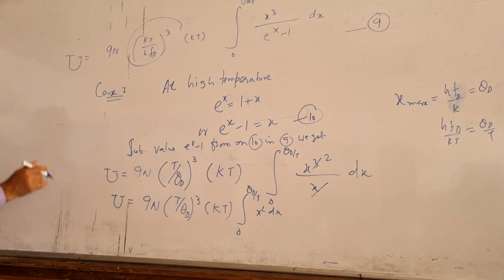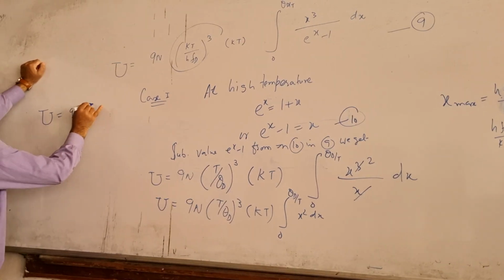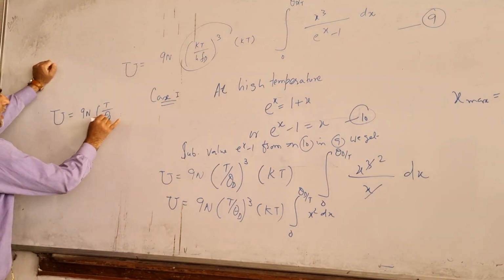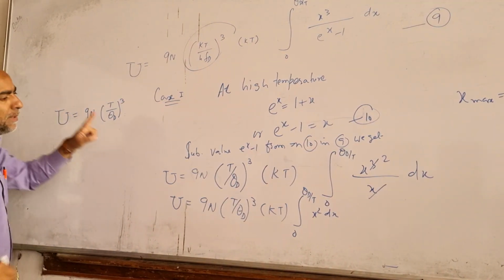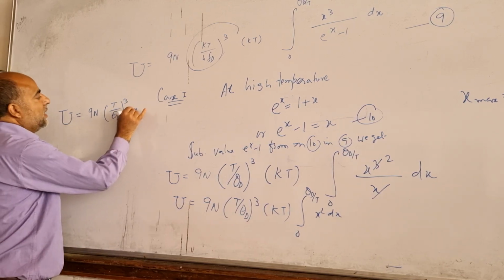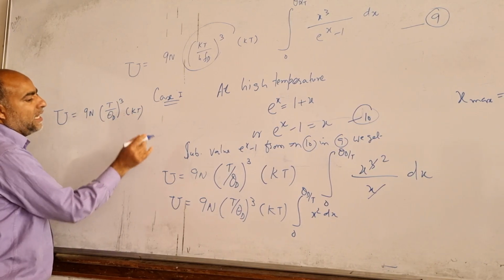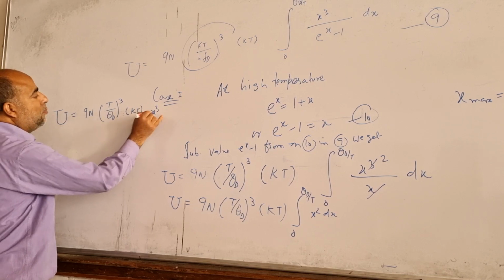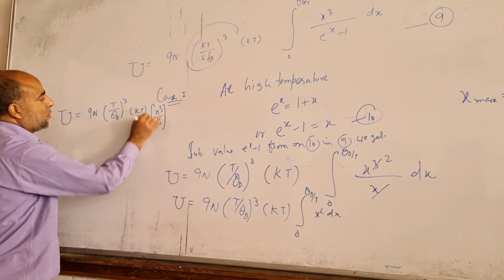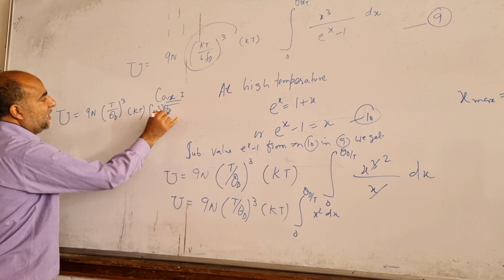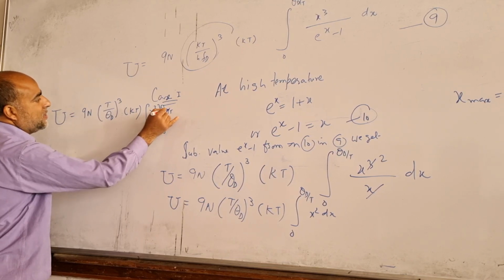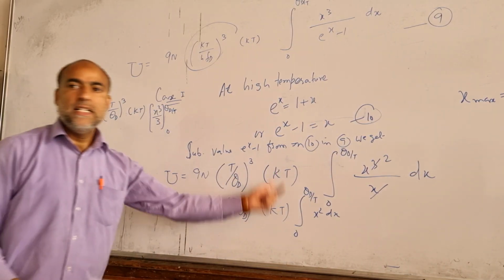Now your internal energy U is equal to 9n, T by theta D whole cube, kT, times x cube by 3, with the limits theta D by T and 0.